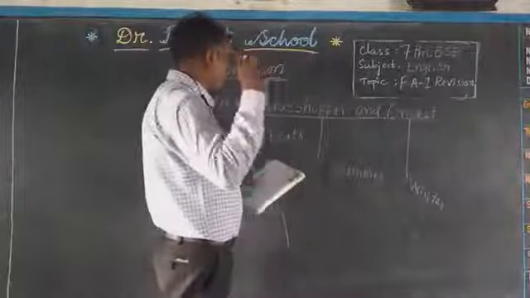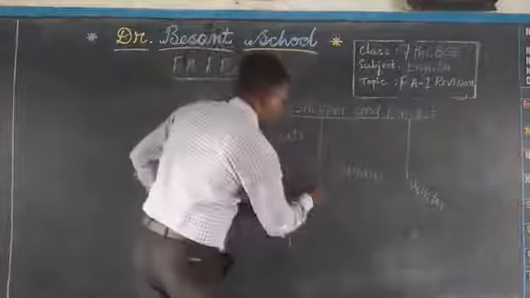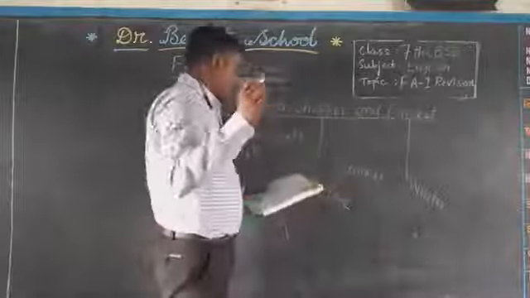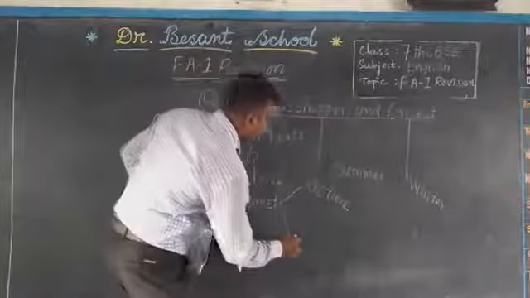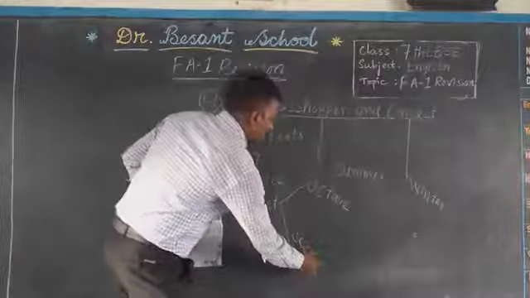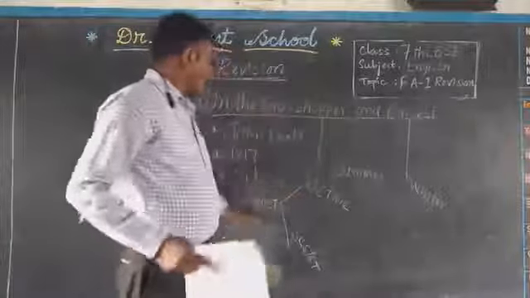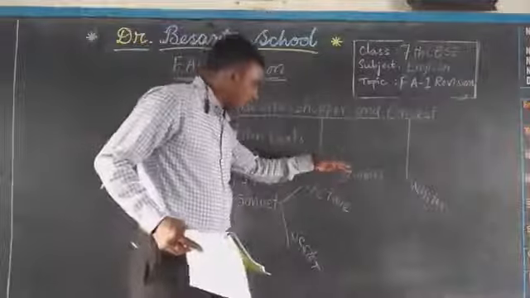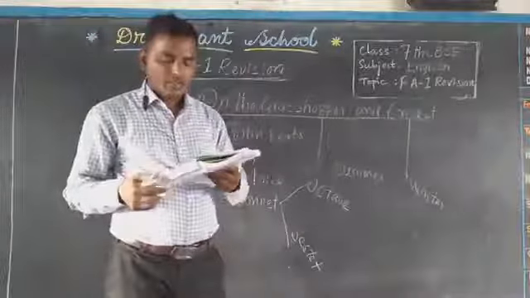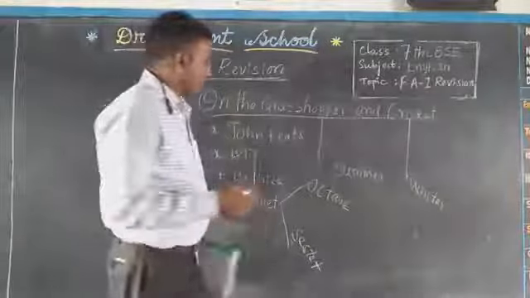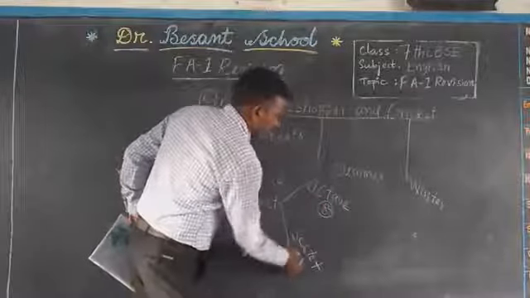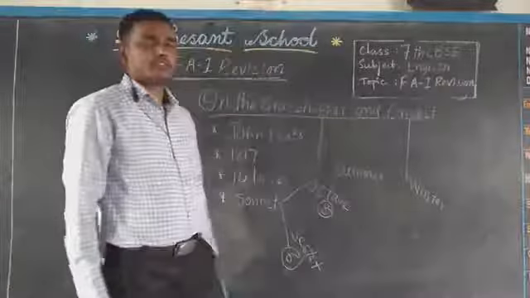The first part is the octave. The second part is the sestet. Sonnet has two parts, two stanzas, octave and sestet. So octave, how many lines? 8. 8 lines are octave, sestet 6 lines. 8 plus 6, 14 lines, right?